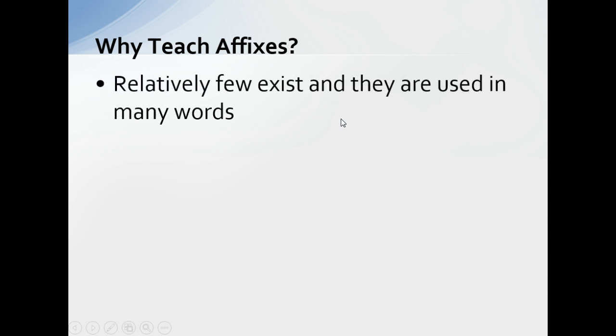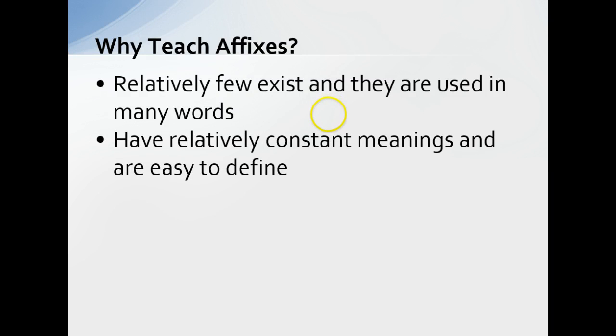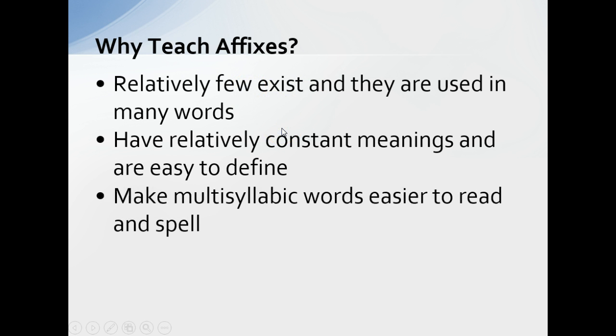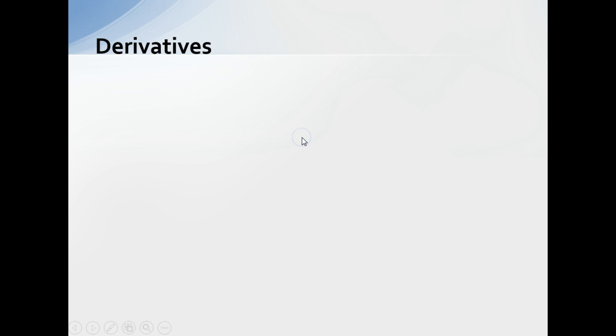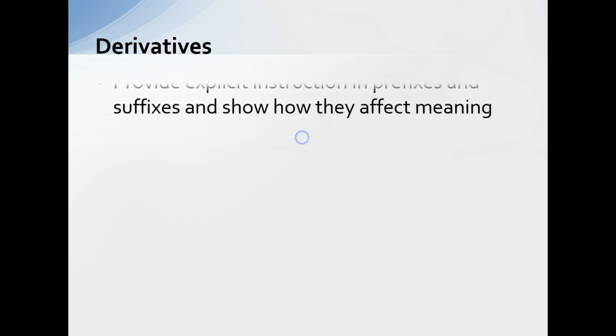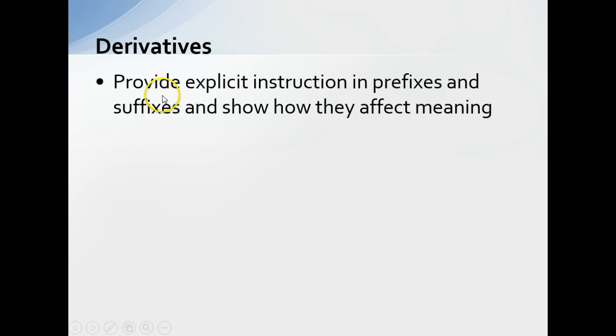Well, relatively few exist, and they are used in so many words. They have relatively constant meanings and are easy to define. They make multisyllabic words easy to read and spell. They help people figure out the meaning of the words. So, derivatives, and that's what that should have been earlier, was derivatives, not deviations. So, problems with morphology should be difficulty with word derivatives. Sorry about that.